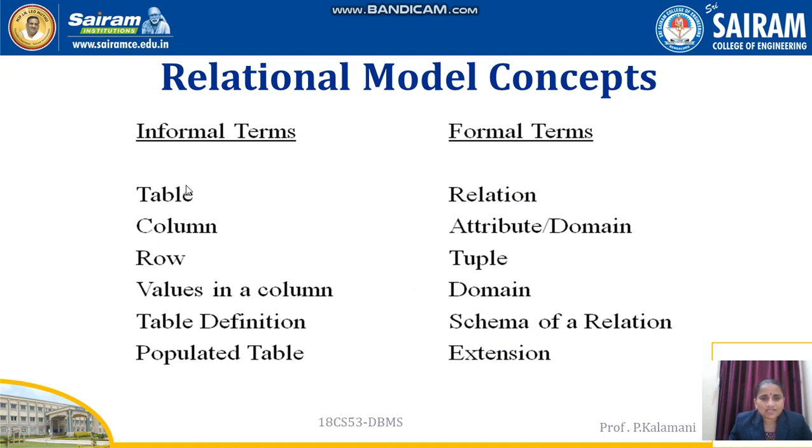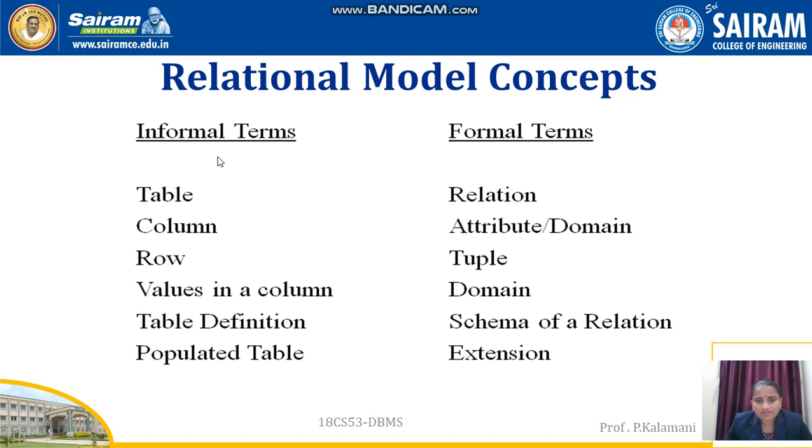Then we use informal terms and formal terms in the relational model. Informally we say table, and in the relational model it is called a relation. Informally we say column, and here the columns are called attributes. Each row is called a tuple in the relational model. The set of values an attribute can take is called a domain.